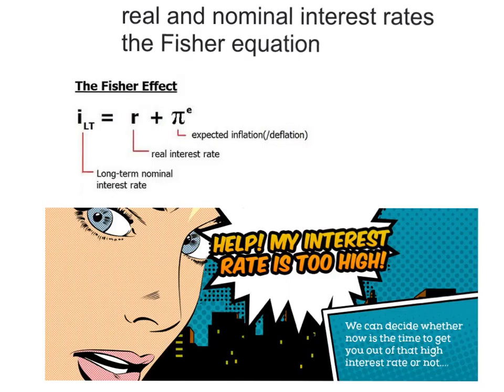Until now, everything that we've done has occurred in a world without inflation. But as we know, in the real world, there is inflation. This means we have to make a distinction about interest rates. A nominal interest rate is the interest rate that you see when you go to borrow money for a car loan.